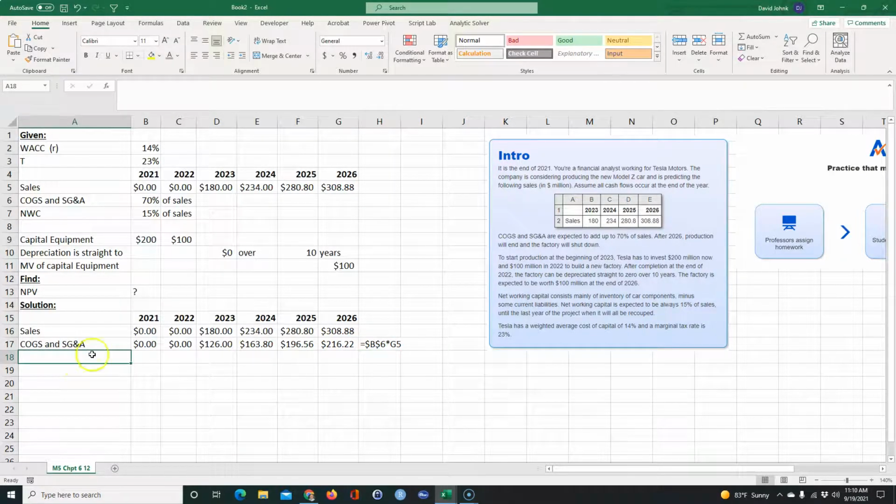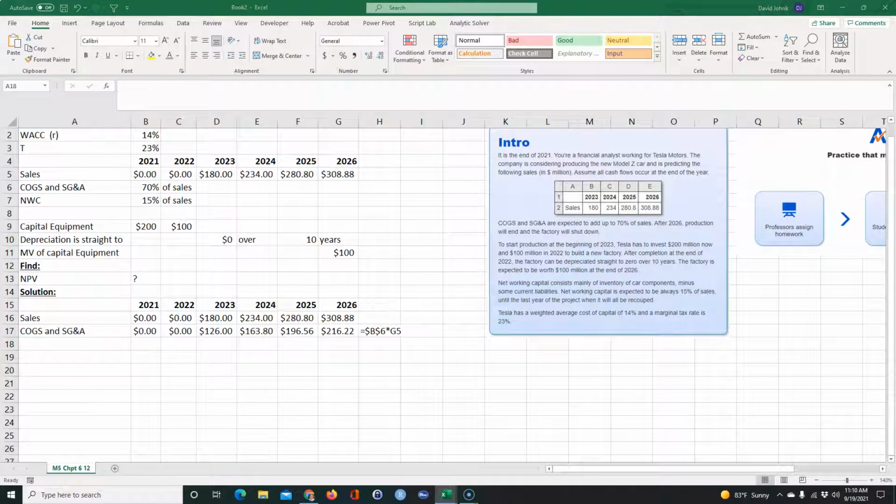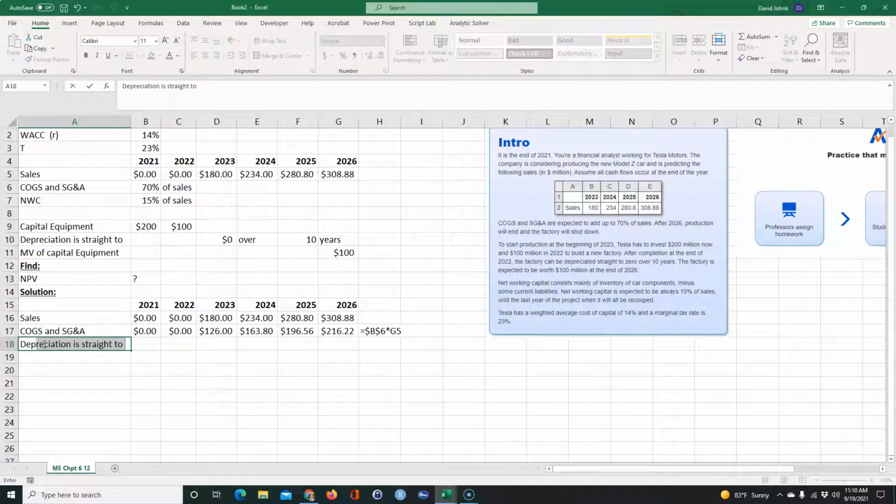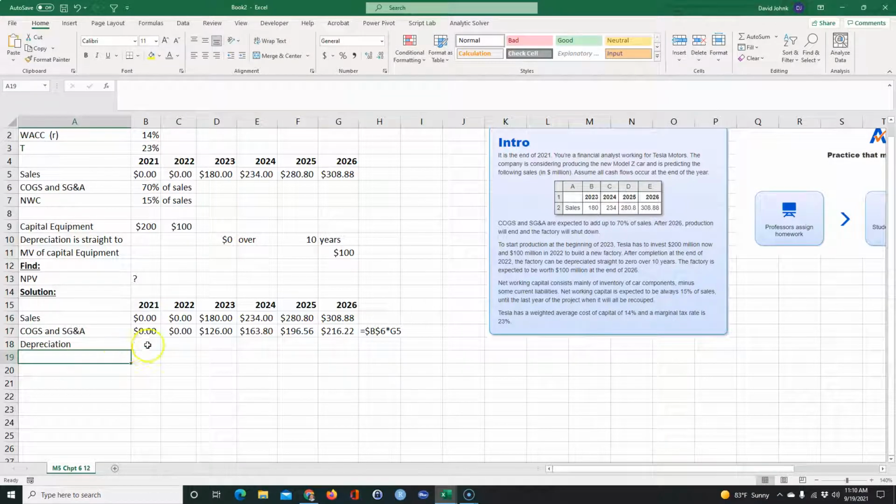And the next thing we want to do is the depreciation. Okay, so what Excel's doing is trying to be smart and use what I used up above, but I just want that much. So I want the depreciation. It's actually an expense. I guess we could call it expense.